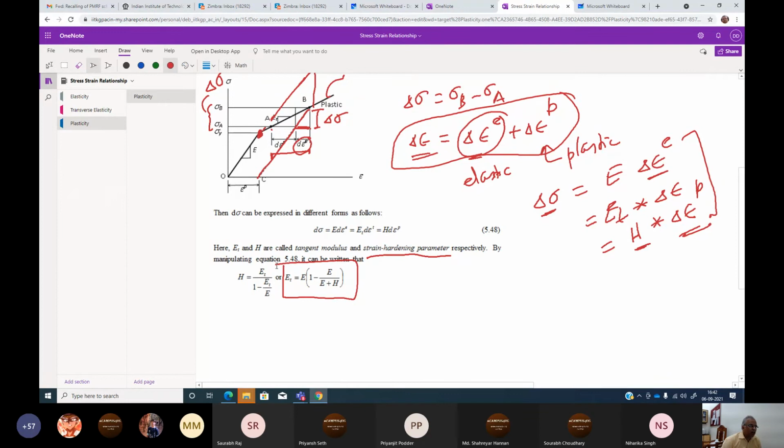Now, what you will see here is that this modulus, if it has to be greater than 0, then what will be the H? Greater than 0 or less than 0? If it is to be greater than 0, then H also needs to be greater than 0, right?